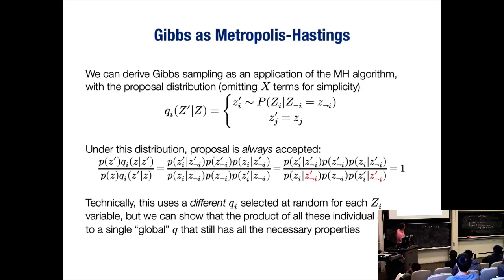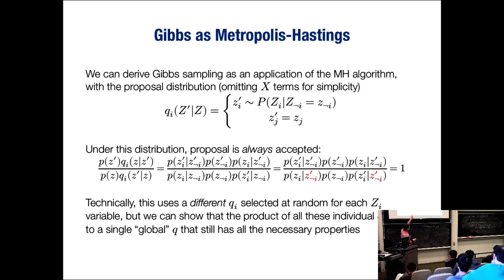P of zi prime given zi prime naught is actually equal to the probability in the graphical model, not the Gibbs probability here. Essentially, you write out the probabilities of these Q updates in terms of the graphical model probabilities. That gives you this next term here.